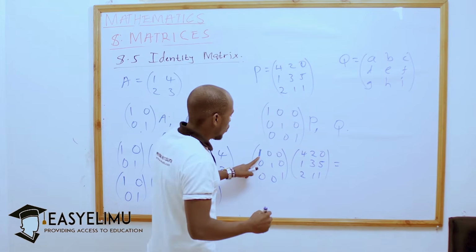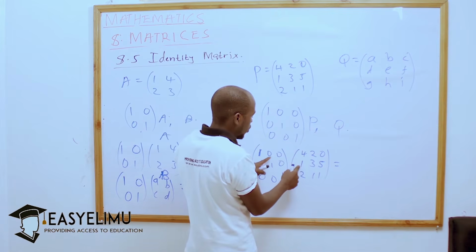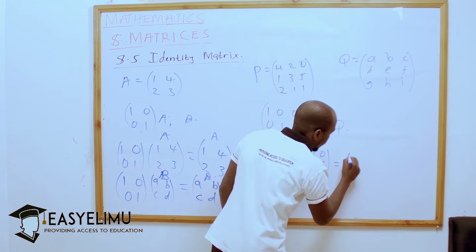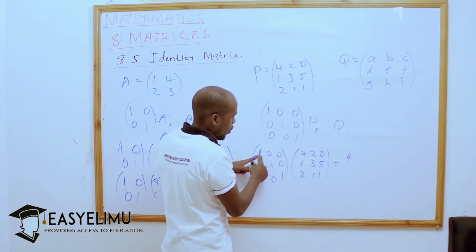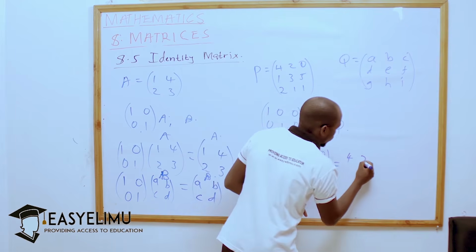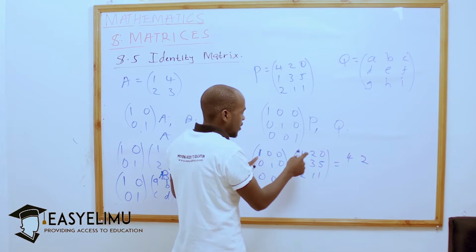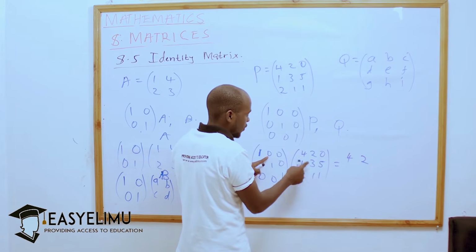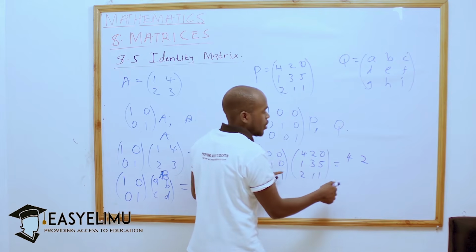You will find 1 by 4 plus 0 plus 0, you are going to get 4. 1 by 2 plus 0 plus 0, you are going to get 2. 1 by 0 plus 0 plus 0, you will get 0.